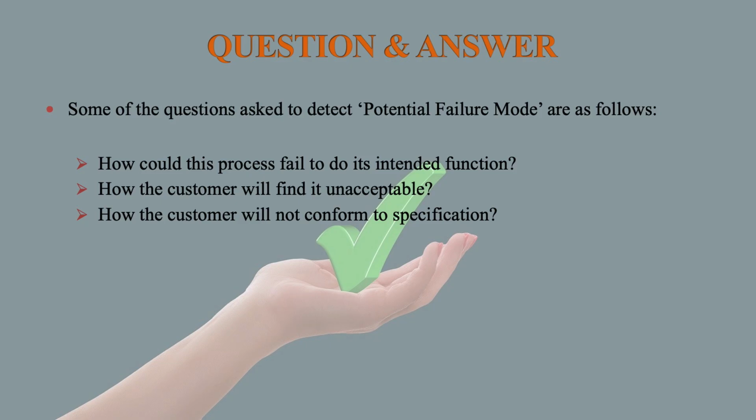So like that, everybody should ask questions so that he can get some idea from the customers, and then he can incorporate it in the design intent. How will the customer find it not conforming to specifications? Why could a part be rejected at a particular operation? These are the various questions one has to ask while performing a failure mode analysis to find out the potential failure modes.